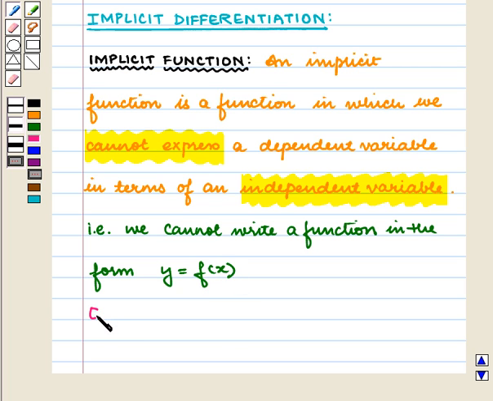For example, x square minus xy plus y square is equal to 0. In this equation, we can neither express y in terms of x nor x in terms of y.